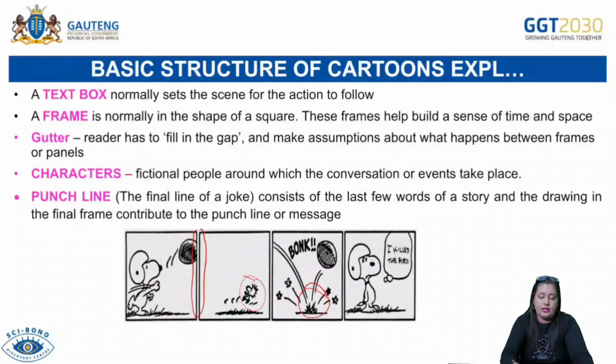Look at the movement lines here, how the ball is bouncing, and then his facial expression, how it changes from frame 1 to frame 4. You will be able to see the action taking place over the 3-4 frames, and how his facial expression changes with what happens at the end, realizing that he has killed a bird by bouncing this ball like that.